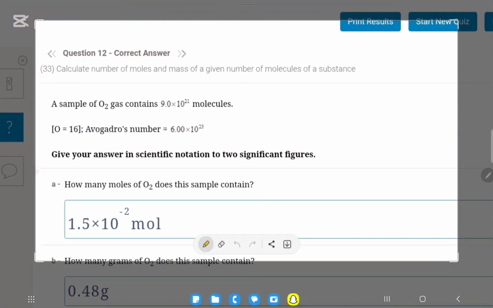The number of molecules, big N, is moles n times Avogadro's number Na. So we can rearrange that and get n moles is equal to molecules over Avogadro's number.